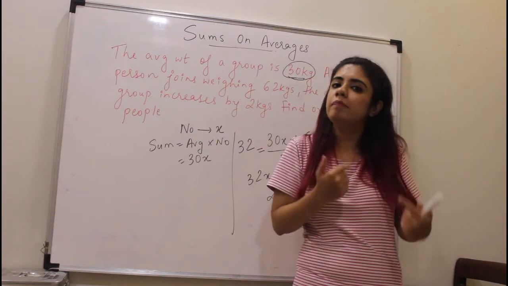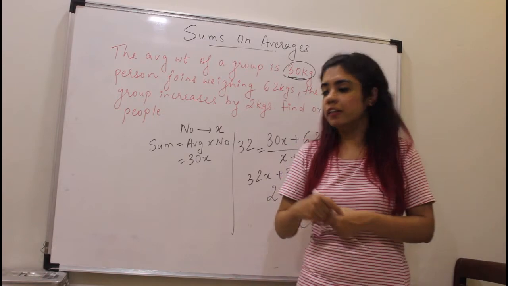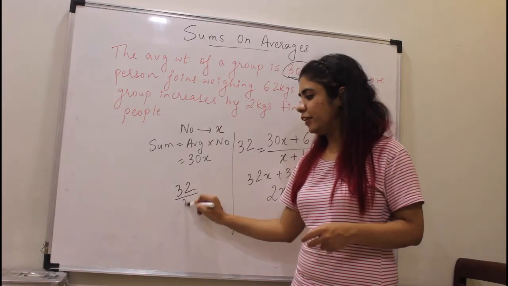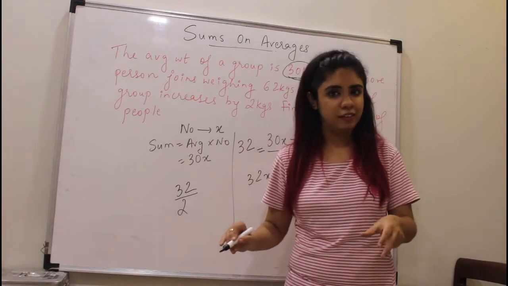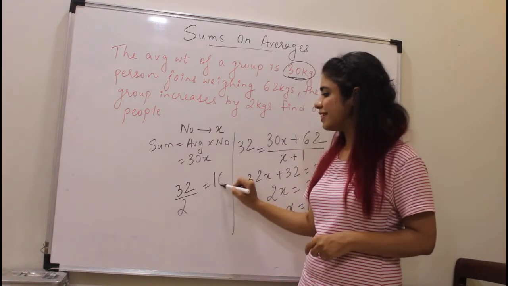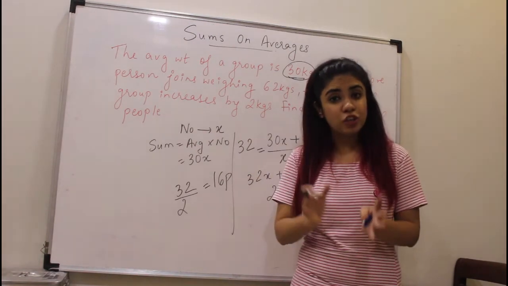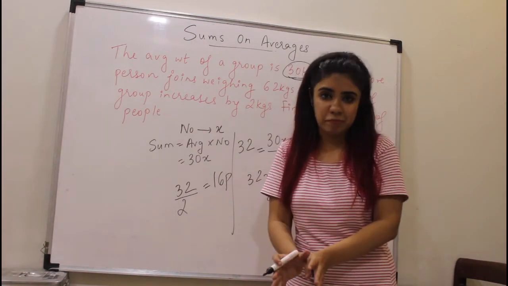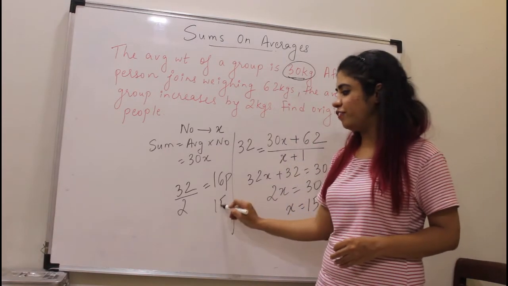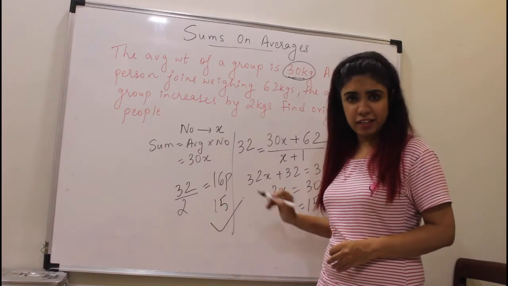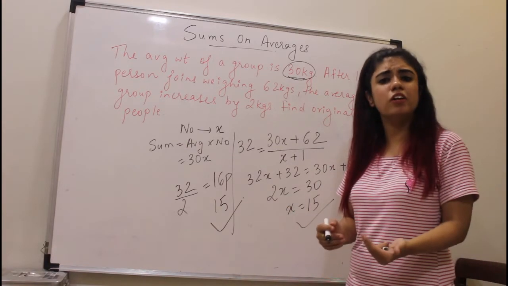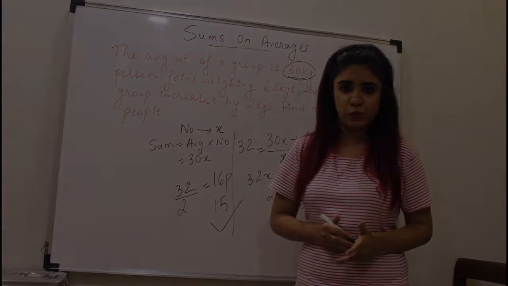So to how many people am I going to give? 32 kg is going to be divided by giving 2 kg to every person. So that means I am distributing 2 kgs to 16 people. So right now I have 16 people. So before this person joined, I had 15 people and that is my answer. Hence your answer is 15. So if you understand the concept, you can do it orally also.